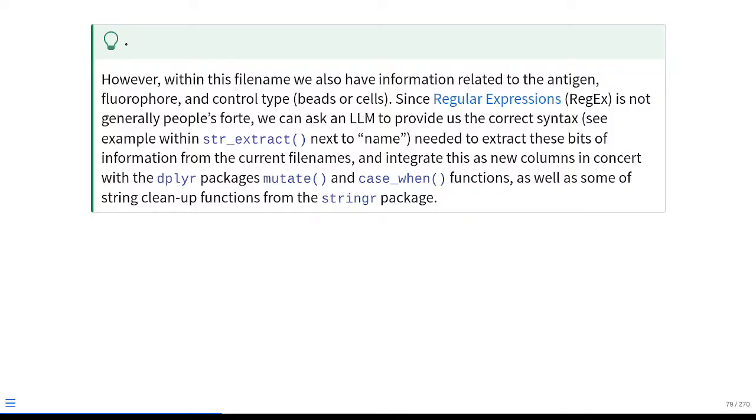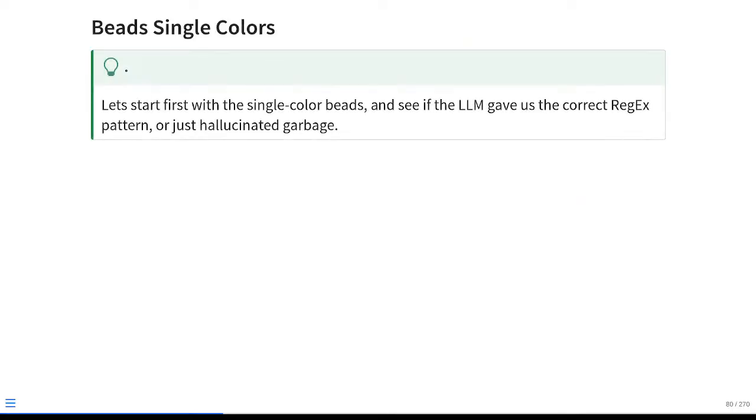Then you can add these in as new columns through the use of the dplyr package's mutate and case_when functions, alongside the stringr functions that are used to clean up some of those intermediate bits. Of course, we want to make sure that when it's actually applied to our code, the regular expression pattern we got back from an LLM is actually correct, and it's not just hallucinating garbage that leaves a bunch of random characters that we can't decipher.